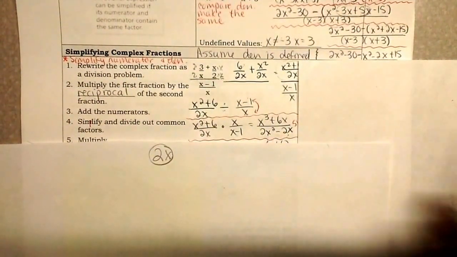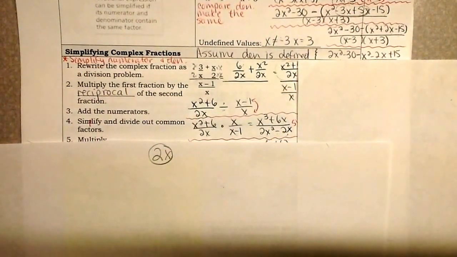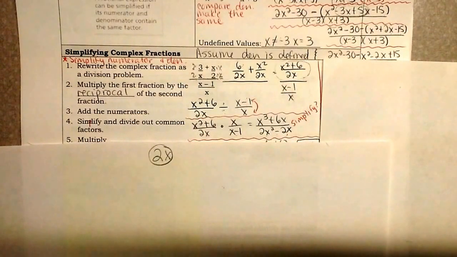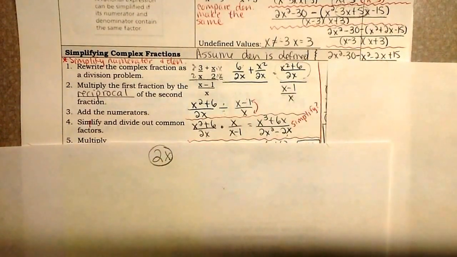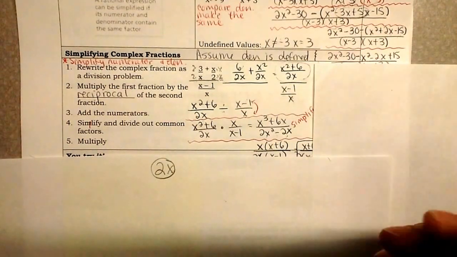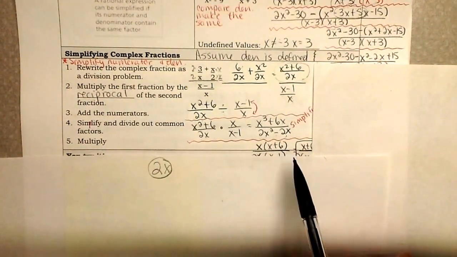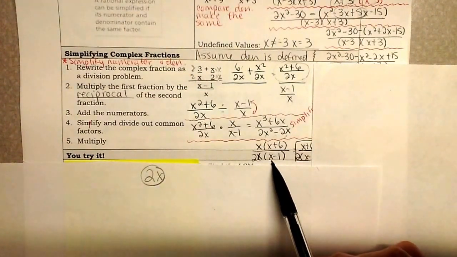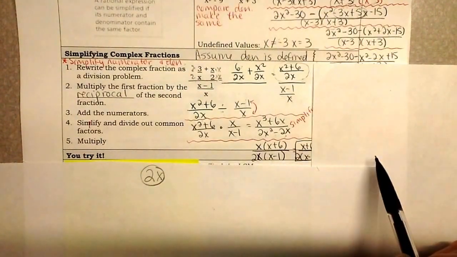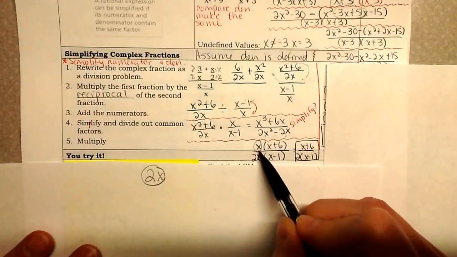Okay, now back to yesterday. Can I simplify this at all? Let's factor the numerator and factor the denominator. We can pull out an x in the numerator, and we can pull out a 2x in the denominator. So here is x times x plus 6 and 2x times x minus 1. Okay, and it looks like the only thing that we can reduce is the x here and the x here.